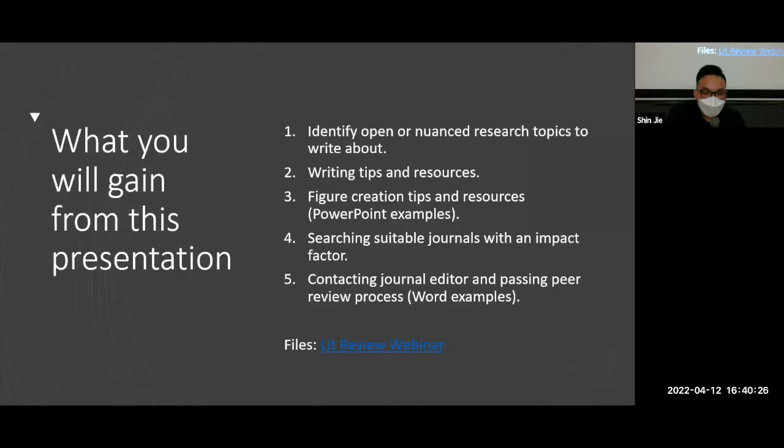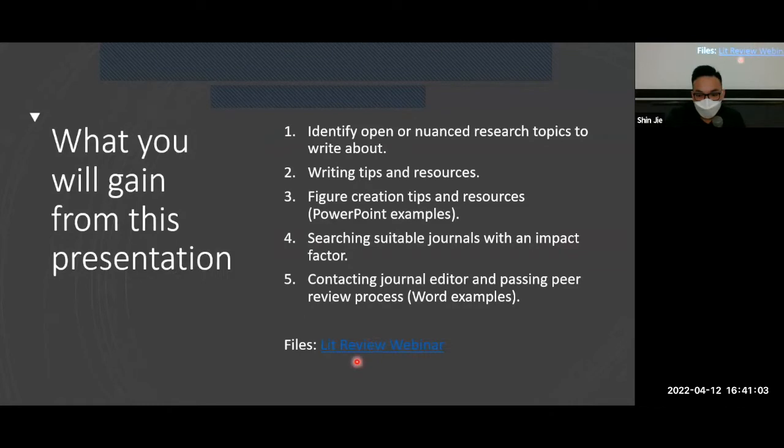So I'll give an outline. First, I'll be talking about how to identify open or novel research topics to write about. Second, I'll be talking about writing tips I personally use. Third one will be about figure creation tips. I will give 3 PowerPoint examples uploaded on a OneDrive folder.